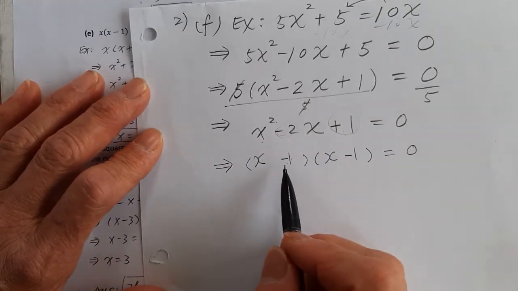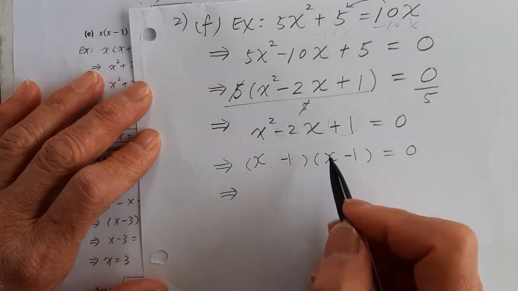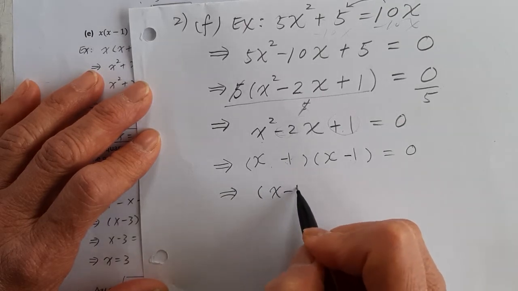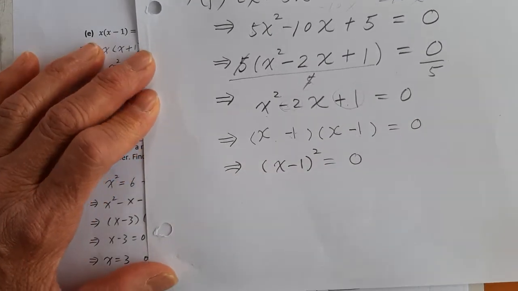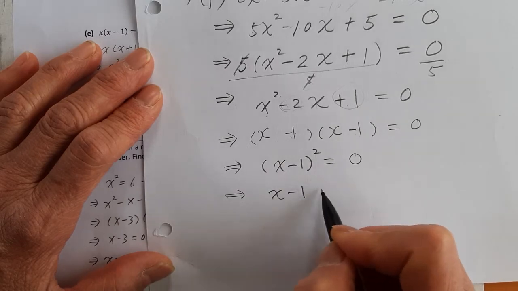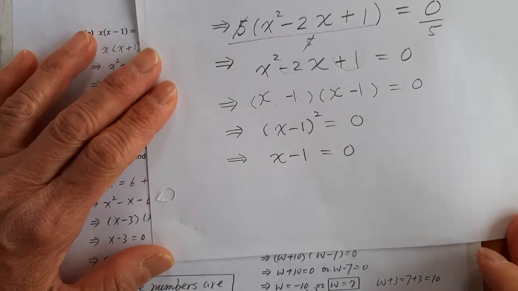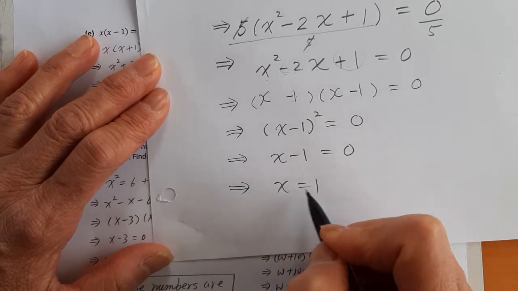So you get x minus 1 times x minus 1. That is the same factor, so we write x minus 1 quantity squared equals 0. For that to be 0, the x minus 1 needs to be 0. Then add 1 both sides. So the solution is x equals 1.